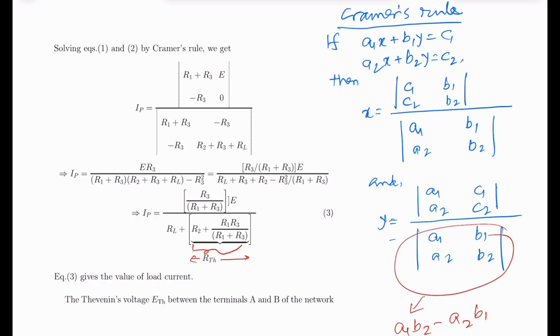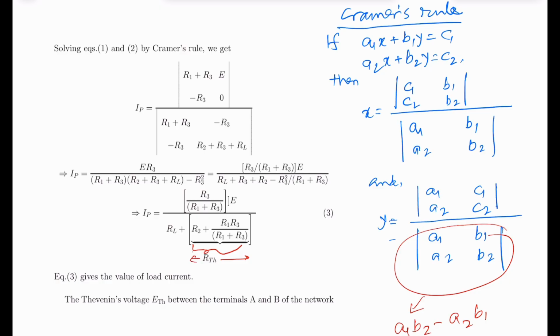If you solve it, the value of IP comes out to be R3 upon R1 plus R3, into E upon RL plus R2 plus R1 R3 upon R1 plus R3. As we will show you later, this value is nothing but your Thevenin's resistance RTH. So equation 3 gives you the value of load current.